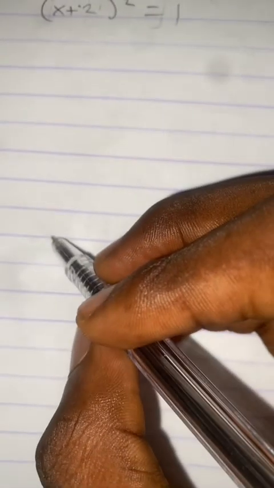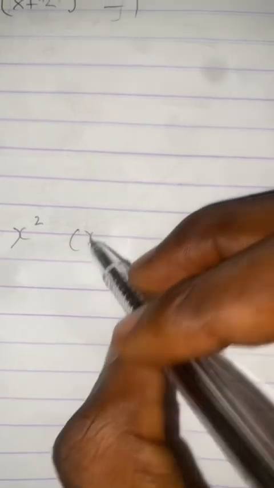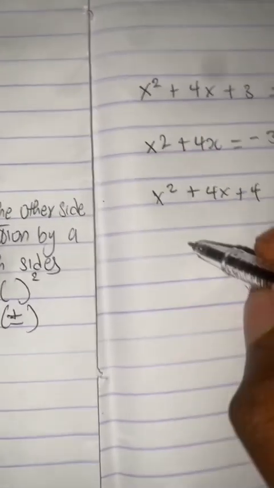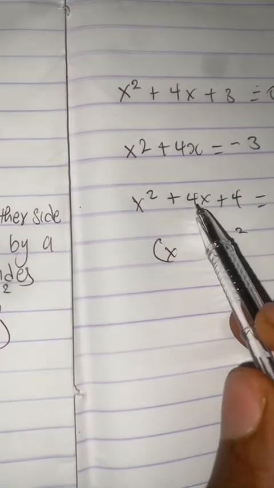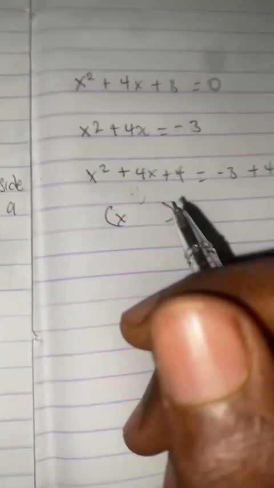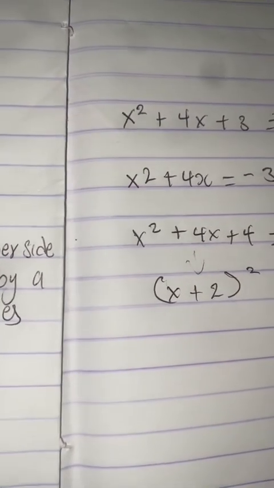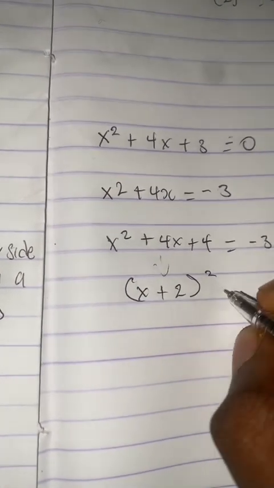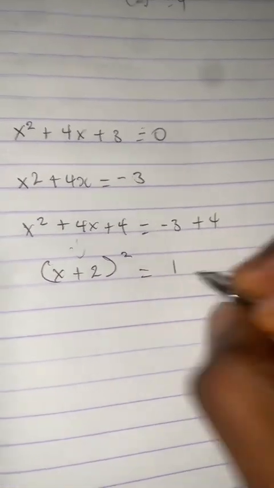When you see squared, basic math, if you see something like x squared, you already know it's x raised to the power 2. So you open your bracket, put a square, you put your x. Remember, it is the half, whatever half of it is basically what it's going to be. Plus 2. And you say equals -3 plus 4, which is 1.